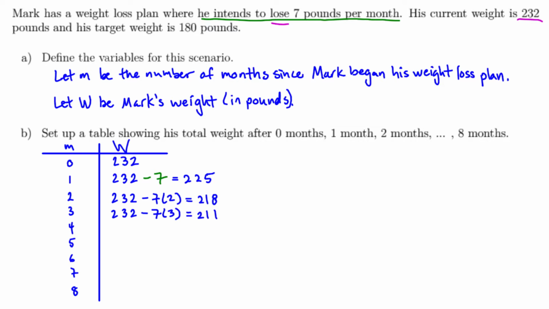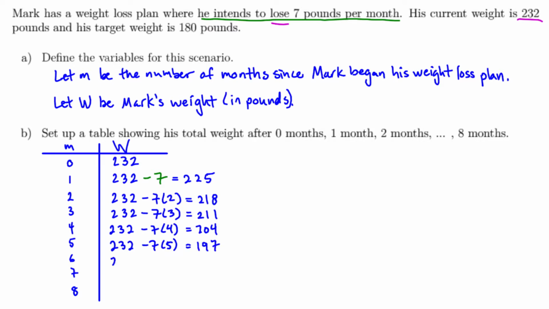This pattern will continue, so we'll have 232 minus 7 times 4, which equals 204. We'll have 232 minus 7 times 5 for month 5, and that will give us 197.